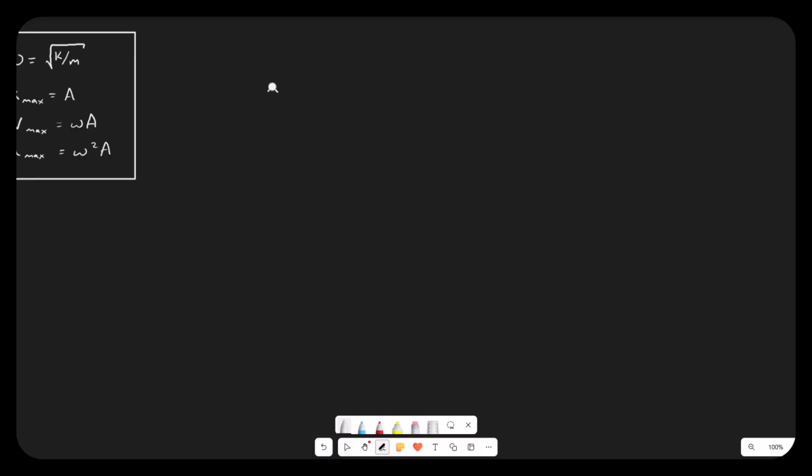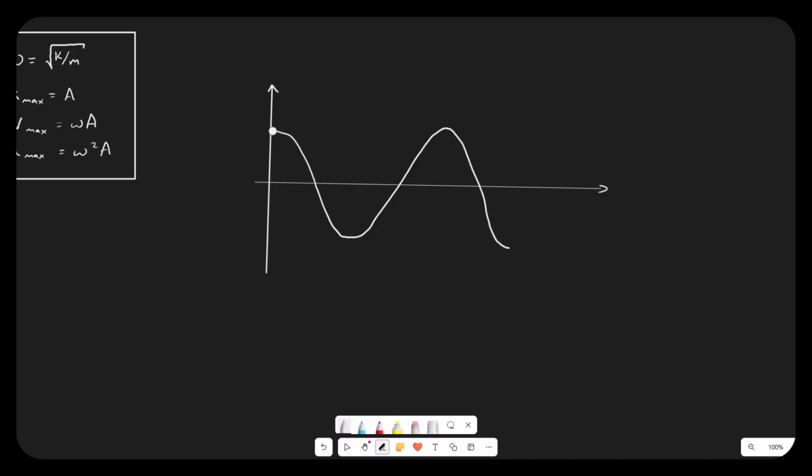But maybe I'm told that I have a mass on a spring, and that my mass, if I'm starting this from rest, I'm starting out here. Maybe I'm told that my mass behaves like this.